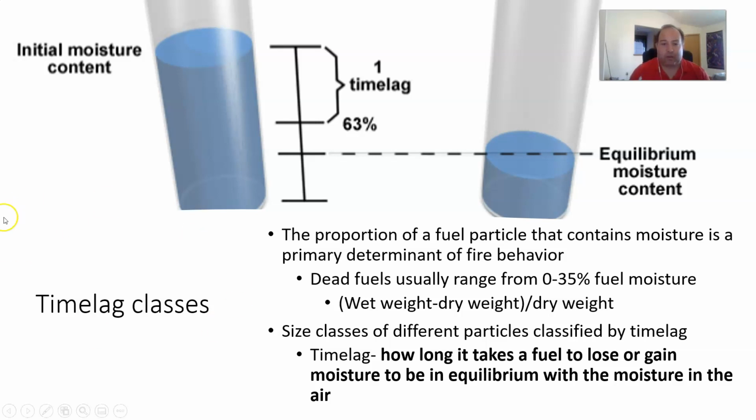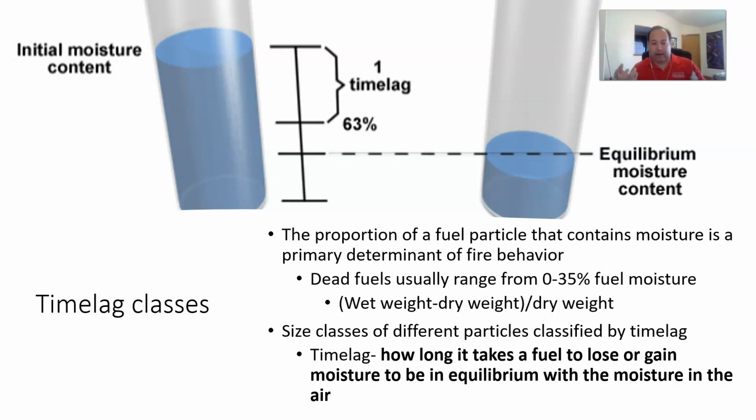If you read the exact definition, it's how long it takes a fuel to lose 63% of its moisture to equal the moisture in the air. And you go, 63%, what does that mean? It's just about how long it takes for the moisture in the fuel to be the same as the moisture of the air.